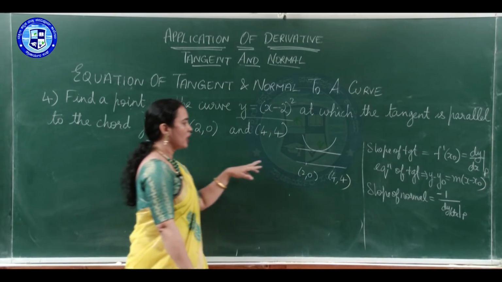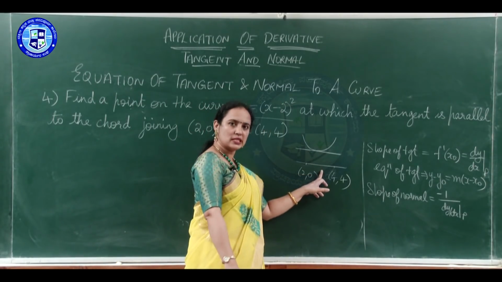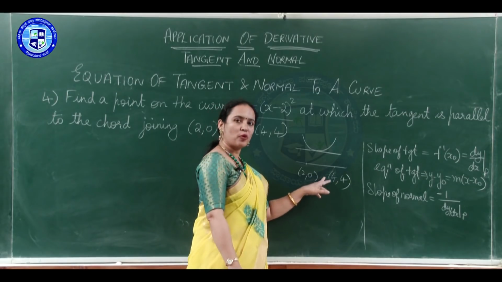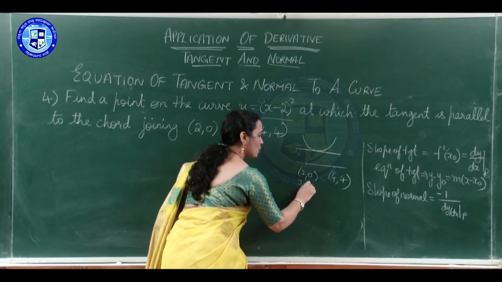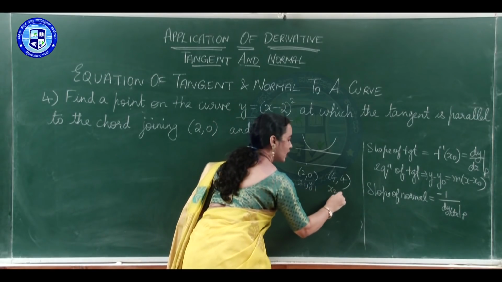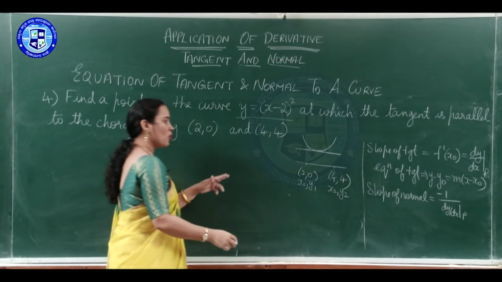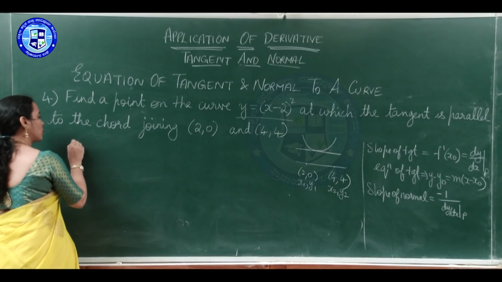So, first we have to find slope of this line. How will you find slope of a line joining 2 points? If you take this point as x1 y1 and x2 y2, then slope of the line joining 2 points.